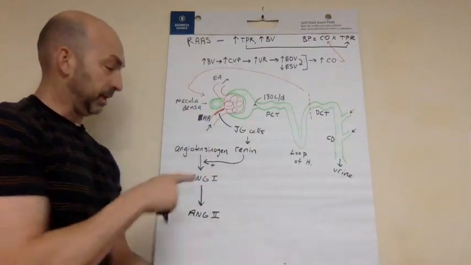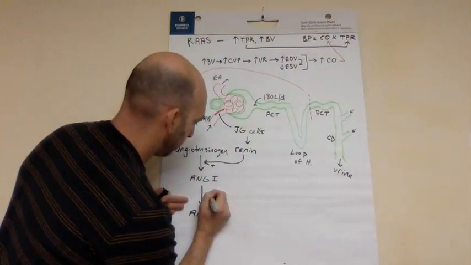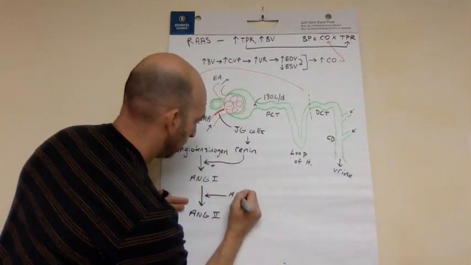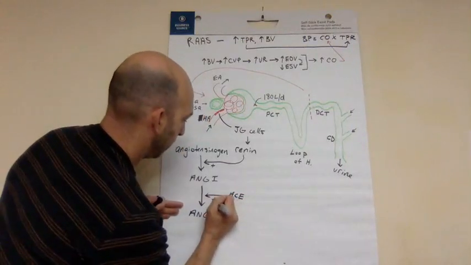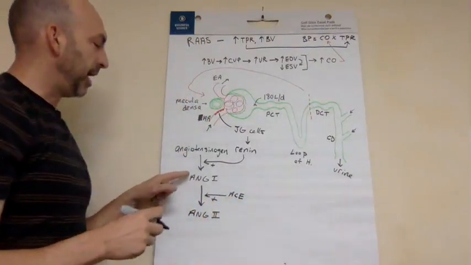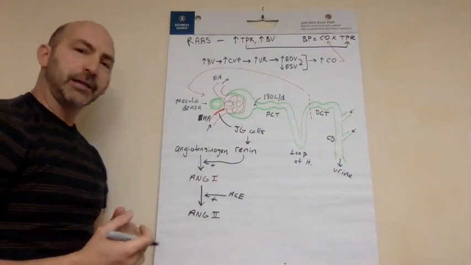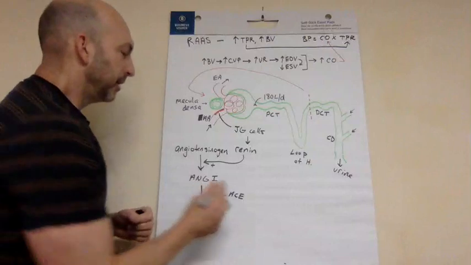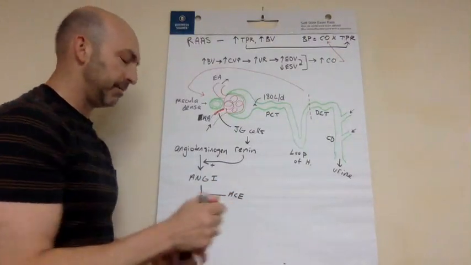So another enzyme cleaves those 2 amino acids off of angiotensin 1 to produce angiotensin 2. Angiotensin 2 is our active hormone. This enzyme is called angiotensin converting enzyme.